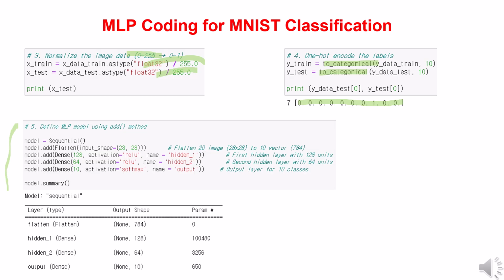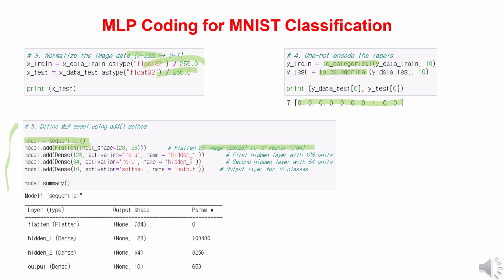The model consists of an input layer, 2 hidden layers, and an output layer. We start by defining the model with Sequential, and then add each layer one by one using add. The first layer is a flatten layer, which converts the 28 by 28 two-dimensional image into a 784-dimensional one-dimensional vector.